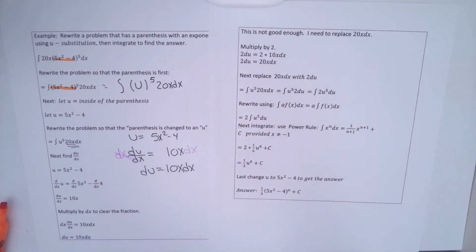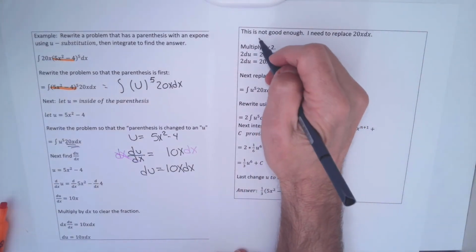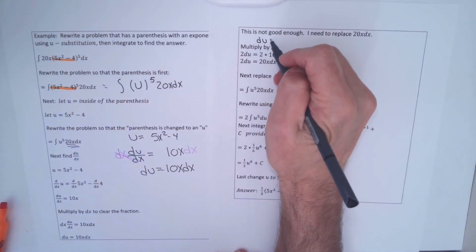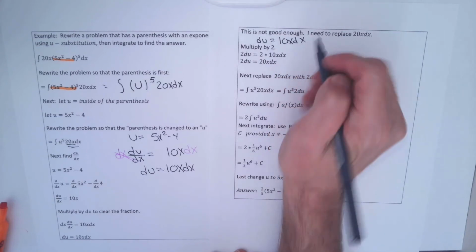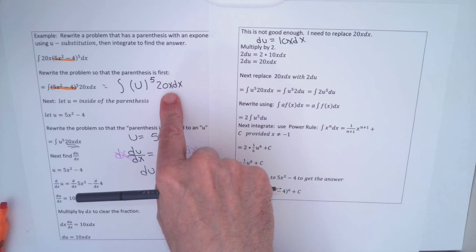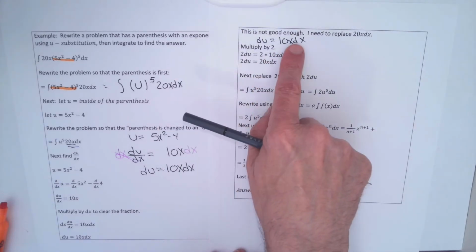Well, I can't replace a 10x dx with a du, so let me try to get a 20x dx. So this equation, du equal to 10x dx, is not good enough to replace a 20x dx. Not so hard to change a 10x dx into a 20x dx. I just multiply by 2.